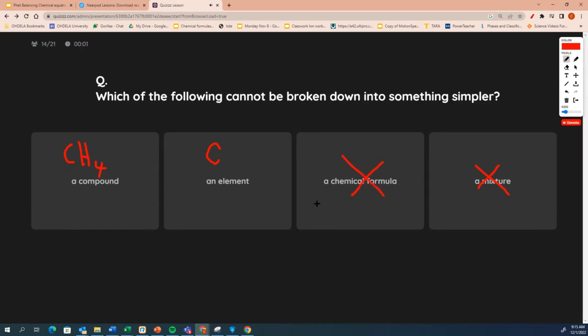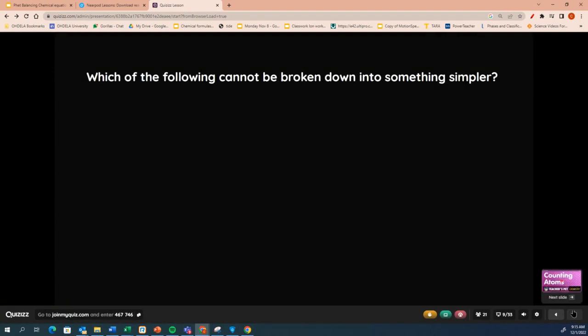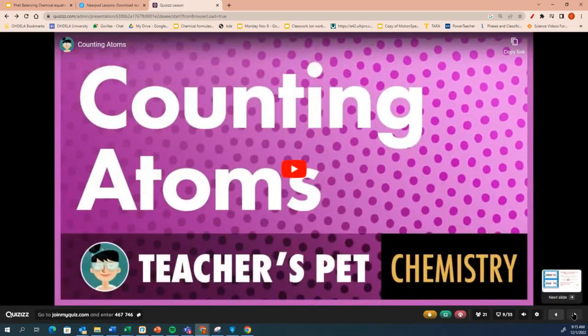I don't know why they put chemical formulas. So this compound is the only thing we can talk about in here. Close that out. An element, which of the following cannot be broken down? You're right, elements cannot be broken down. All right, we're going to skip this one.